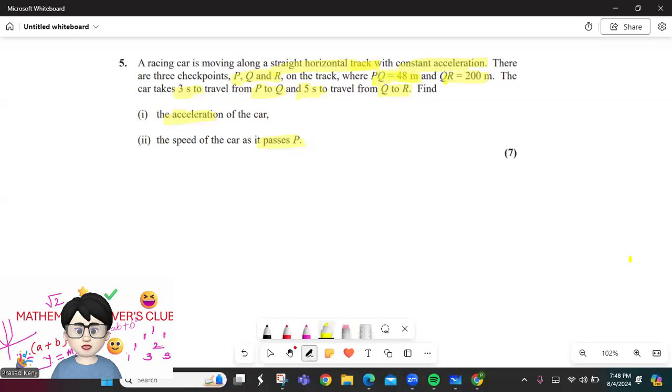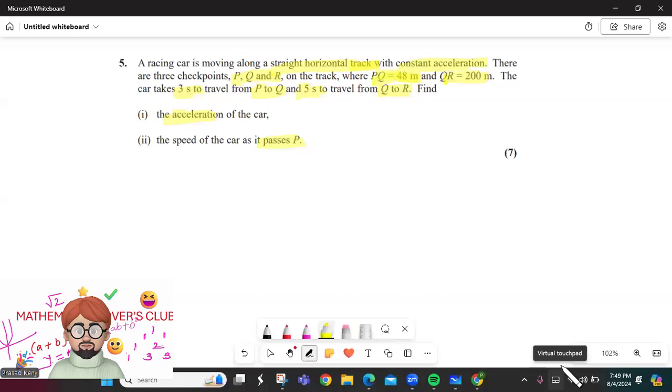Because SUVAT equations can be used only when the acceleration remains constant throughout the motion. Great, Vicky. That is really nice answer.